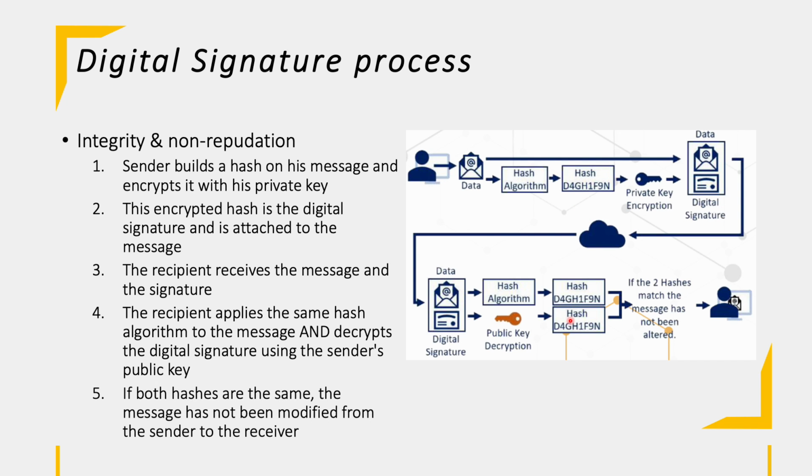And if both hashes match, the one we just did on the message itself, plain, and the one we decrypted, then the data has not been modified, and we are sure that the sender is actually the sender of the message. So that's why we have integrity and non-repudiation here. The receiver can verify that the data is actually coming from the sender and that it has not been tampered.